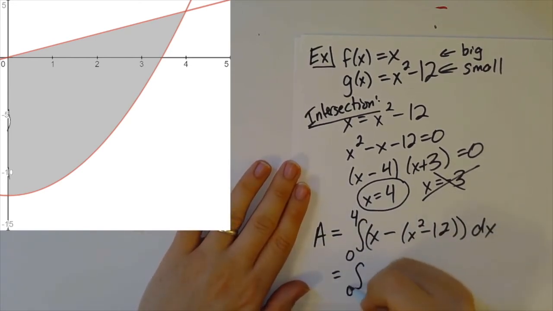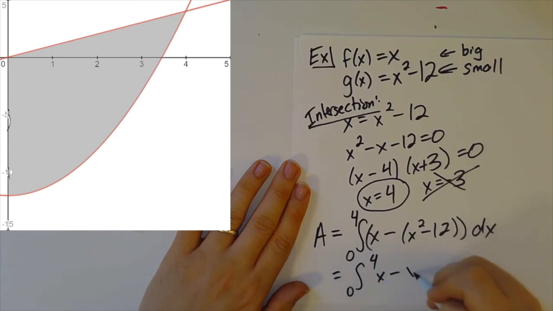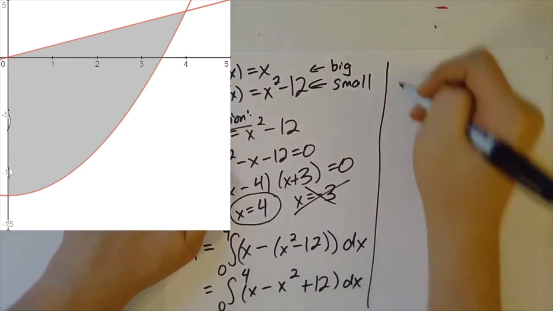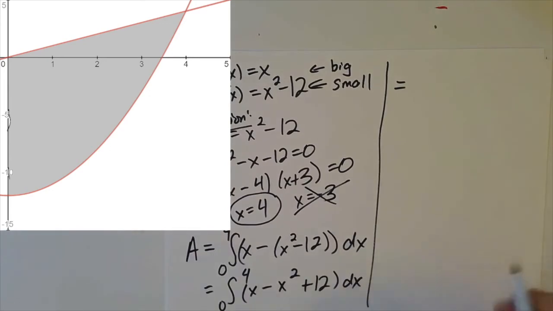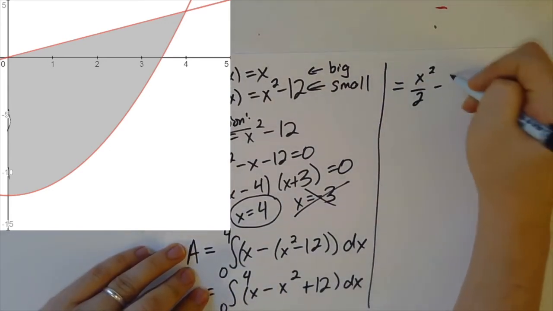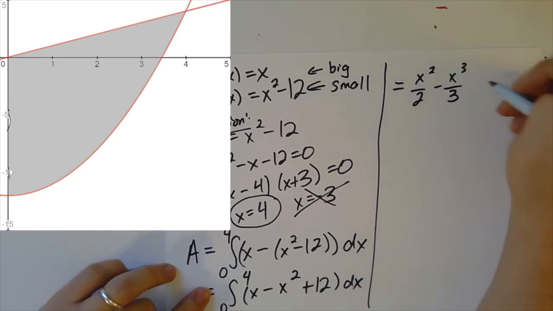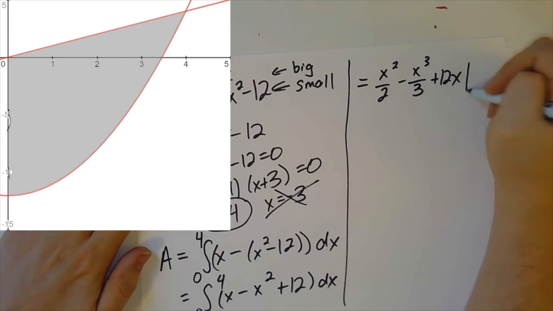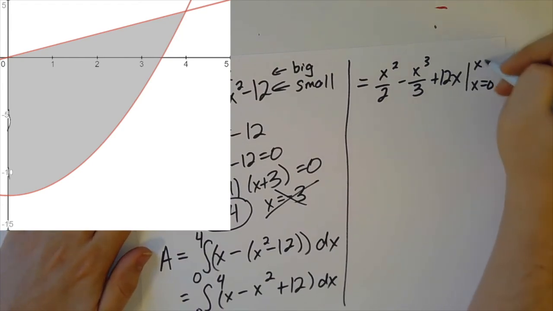So that's the integral from 0 to 4 of x minus x squared plus 12 dx. And so what is that? That's x squared over 2 minus x cubed over 3 plus 12x, all evaluated as x goes from 0 to 4.